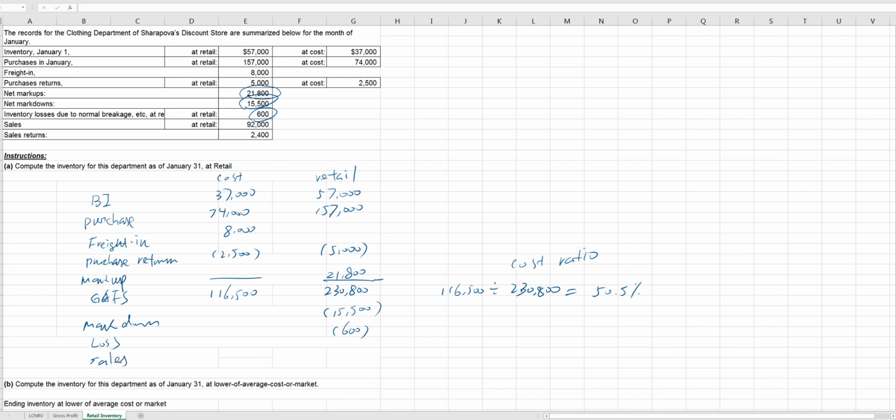Or again, to be more specific, net sales, because we have sales and sales return. Therefore, the net sales will be the difference between these two. Net sales is a deduction in my retail value.